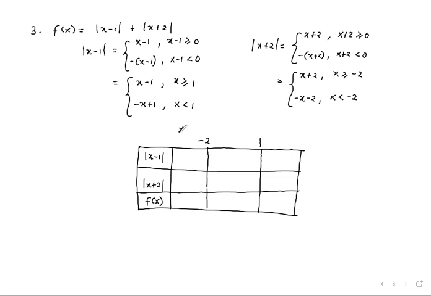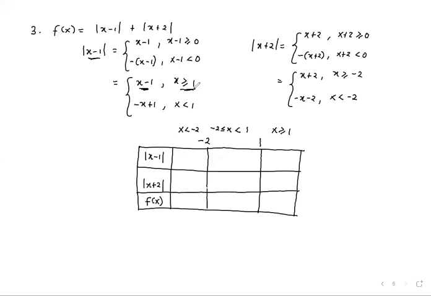So this interval here is for x less than -2. The middle interval is for -2 less than or equal to x, which is less than 1. This interval is x greater or equal to 1. So we go to the modulus of x minus 1. The modulus of x minus 1 is defined as x minus 1 when x is greater than 1.